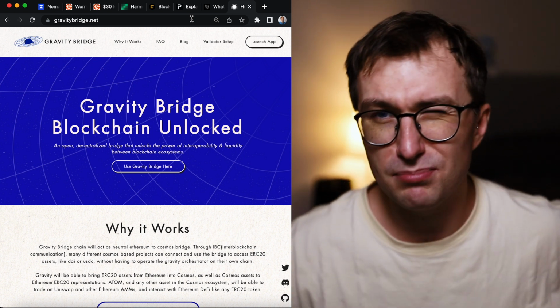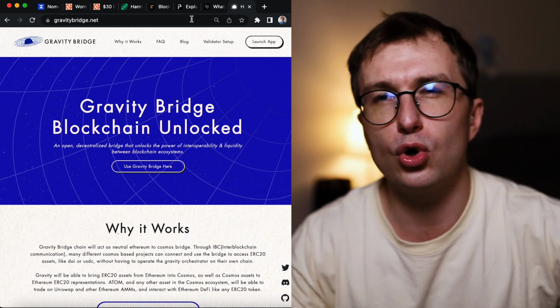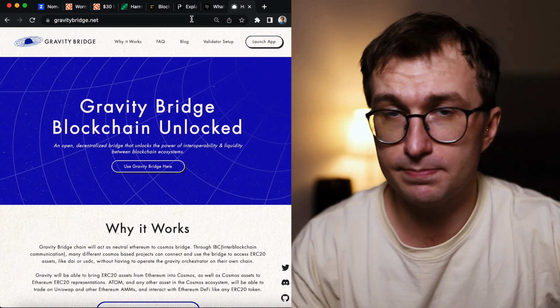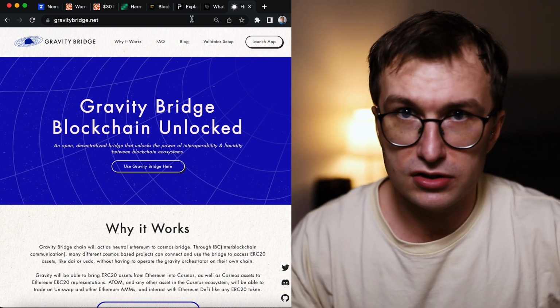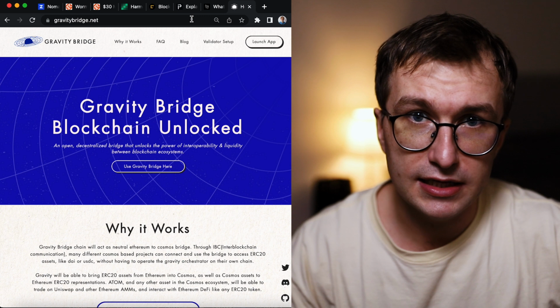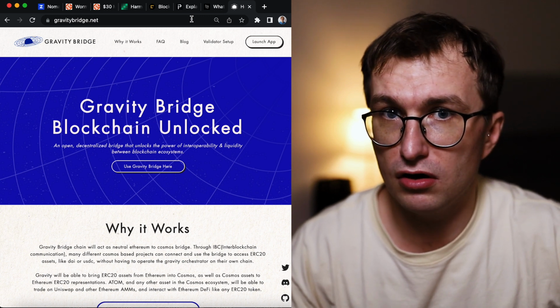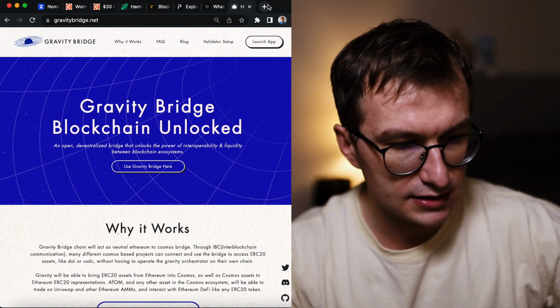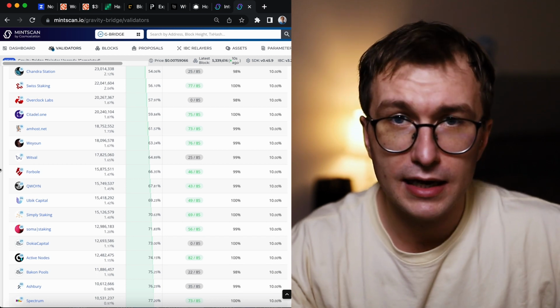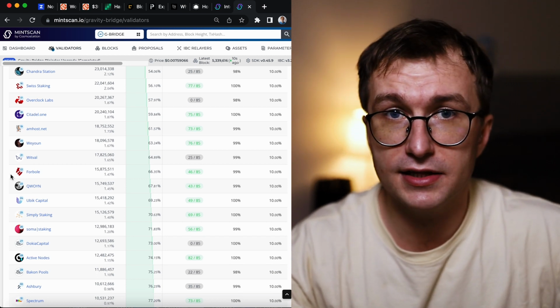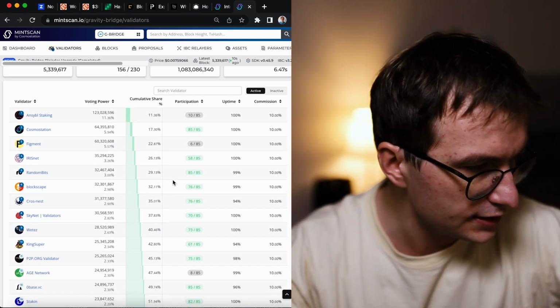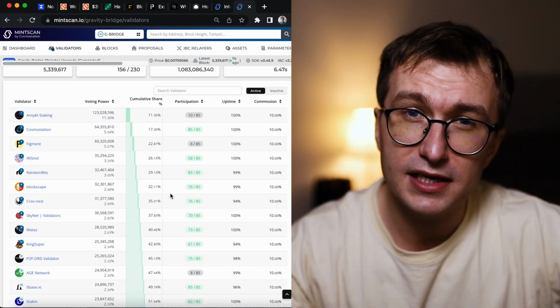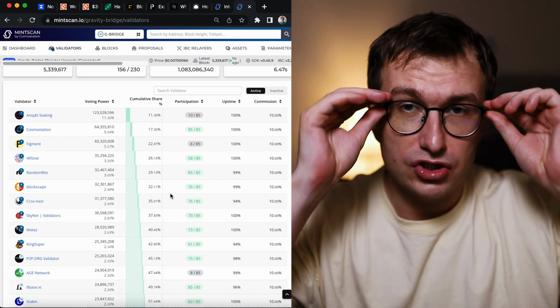And obviously, the more decentralized a system you have, the more difficult it is to exploit the network, right? So in the Tendermint consensus, you need 67% to actually get control over the network. And if you look at Mintscan, to do it, you would have to compromise over 20 top validators, and to halt the network, it would be much less. You would have to compromise just 7 of the validators, but of course, that would be just a halt.